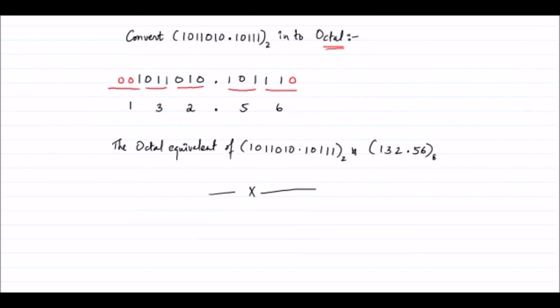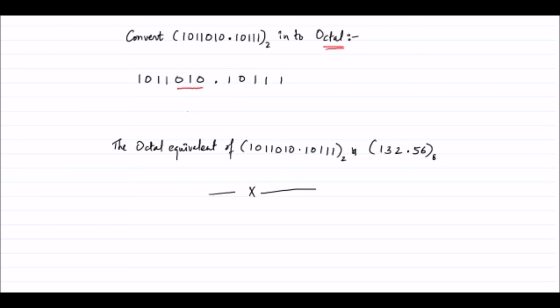I have written the same value here, 10.1111. So from LSB to MSB I have to group 3 bits.